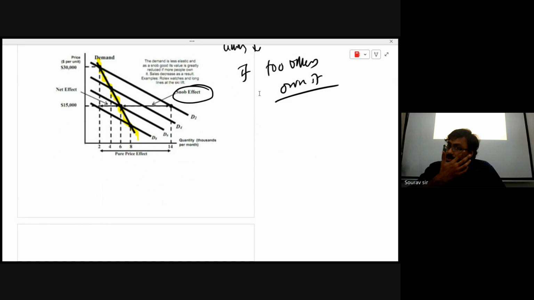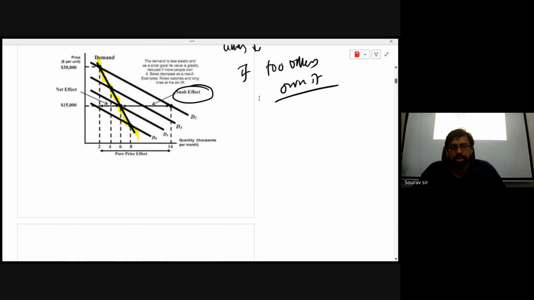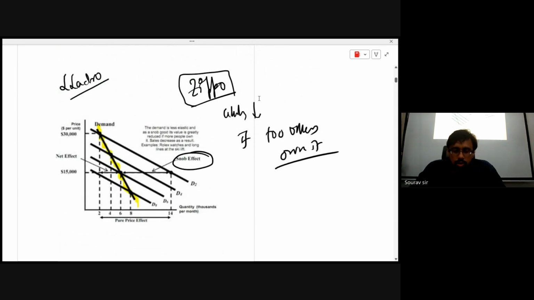So this is a negative externality. Pure snob effect is here in this particular case, 2 quantity and 8 quantity. He is supposed to buy this 14 level of quantity. The moment it happens, you see the demand is falling.